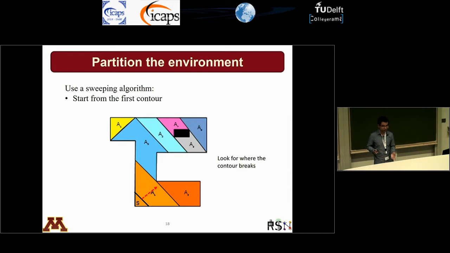We can also understand it as a level set connected environment, where if two cells have the same distance to the charging station, they are on the same contour. We can use a sweeping algorithm to decompose the environment into contour-connected pieces. We start from the first contour and sweep the environment in distance-increasing order. When we meet a split cell where the contour breaks, we form a contour-connected piece and start two more sweeping processes.